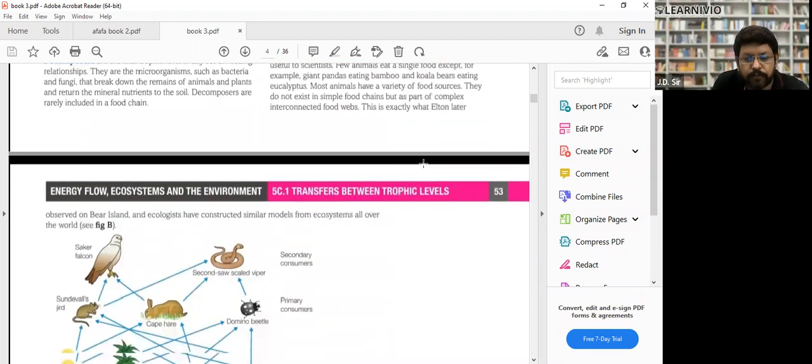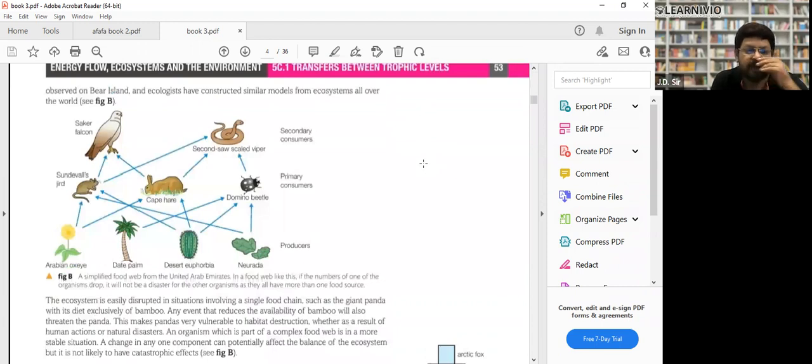Please note it down. When the different food chains overlap each other, they make a food web. Full stop.